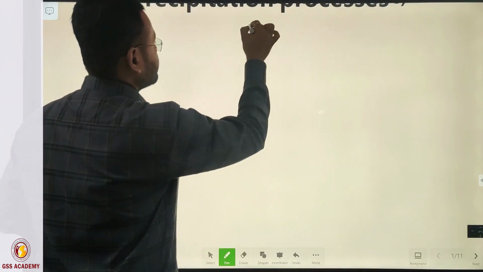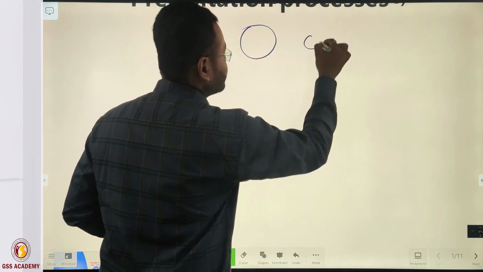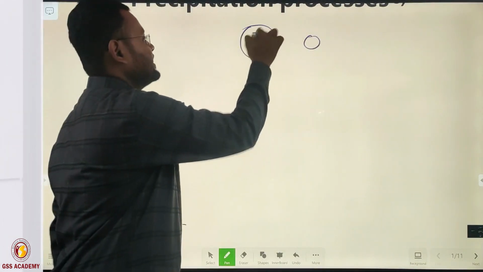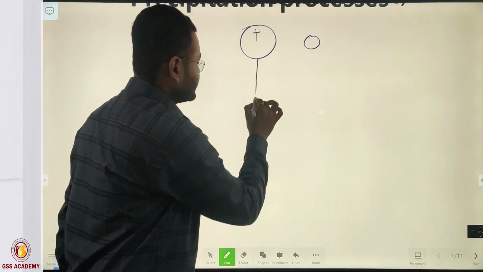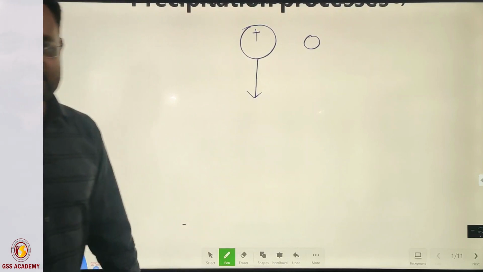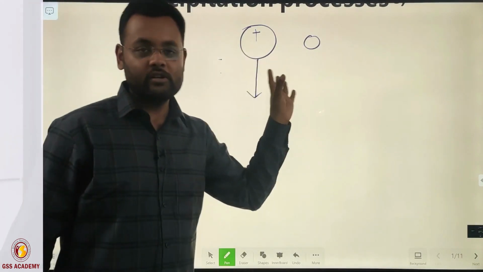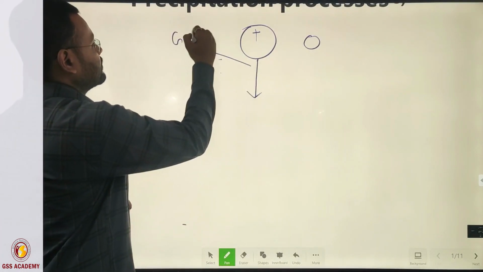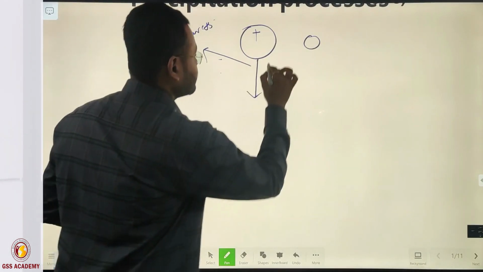In the collision and coalescence process, we have larger size droplets as well as small size droplets. Now suppose we consider this particular droplet. When this cloud droplet starts to fall towards the earth's surface by means of gravity, immediately what happens?